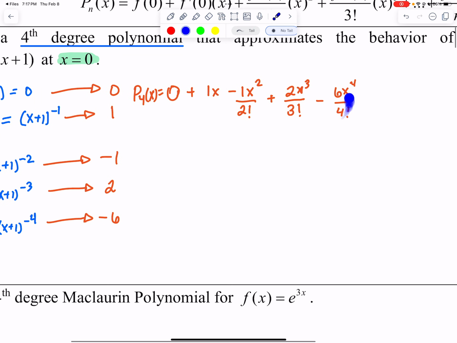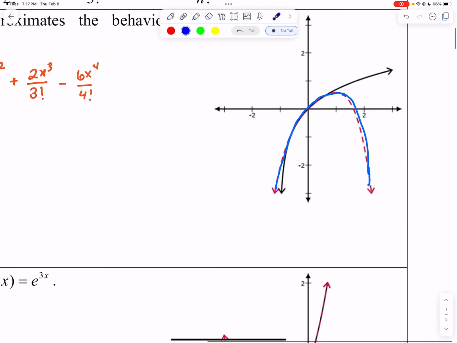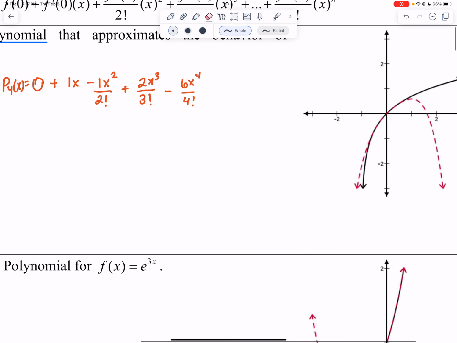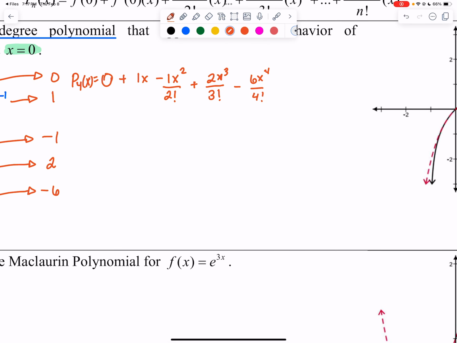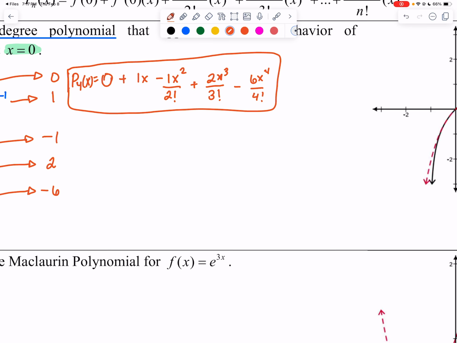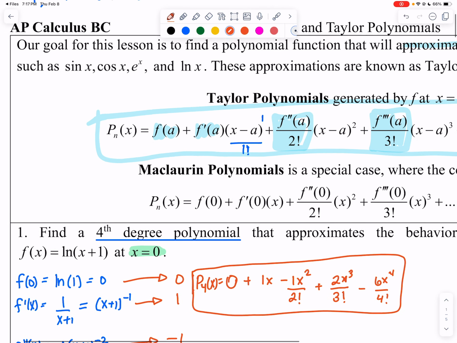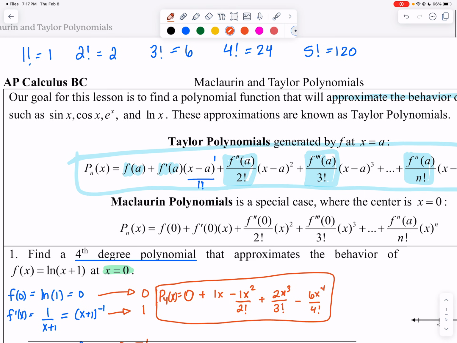So this right here essentially represents this red graph you see on the right. Now, can you keep it like this? Yeah, but for practice, let's say that this is on the MCQ and you might need to simplify this. Remember, as our little trick, 2 factorial is 2, 3 factorial is 6, and 4 factorial is 24.